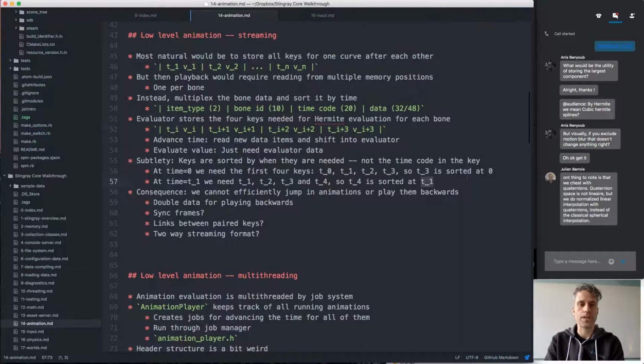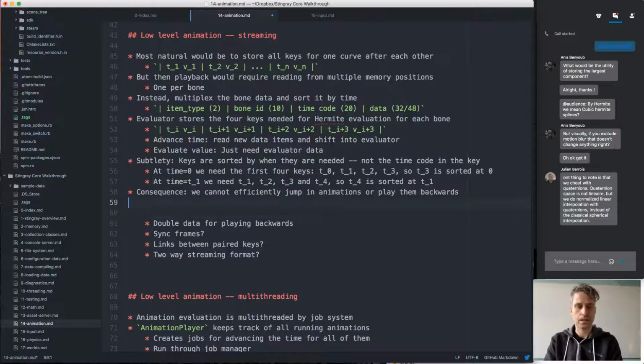One consequence of our representation of the data here that is really important to be aware of is that we have no way of efficiently jumping in the animation. So we're depending on processing the keys in order in the stream. We might have one curve that has very few keys.